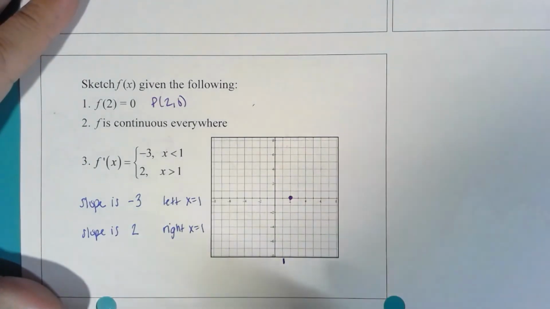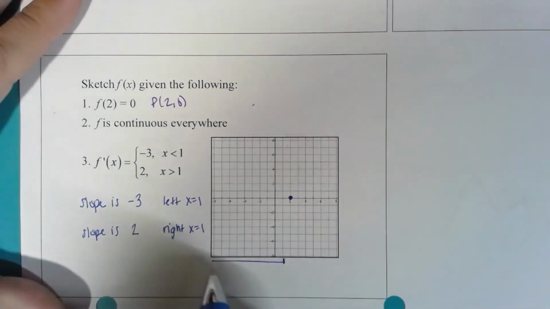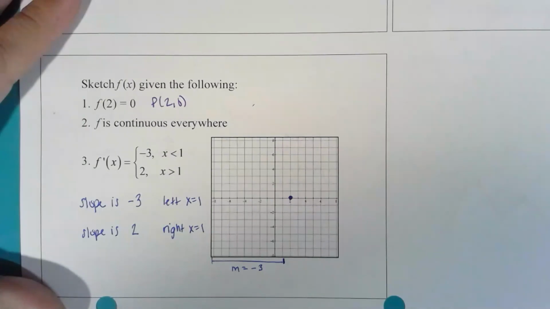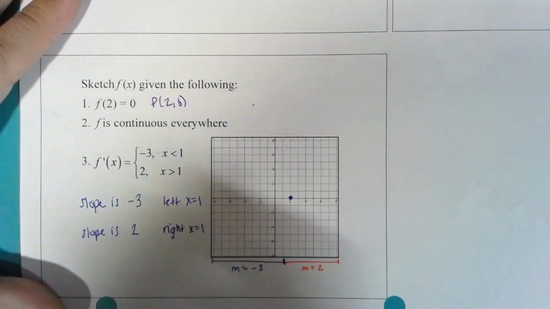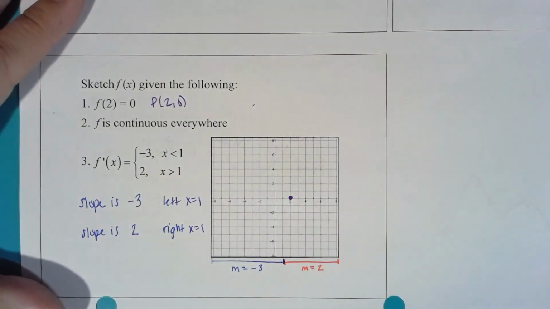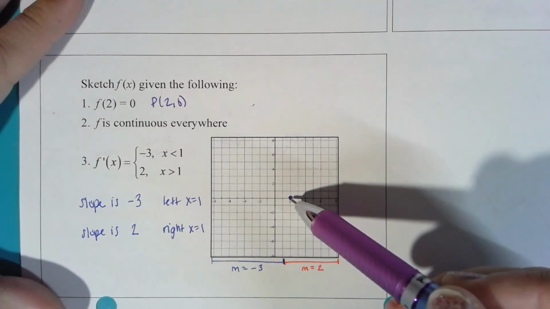My graph, remember this whole piece is a slope of -3. And on this side, I want the slope to be positive 2. So, 2 things. My graph must be continuous, and it must also pass through this point.